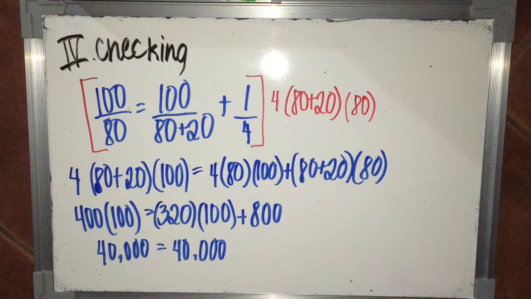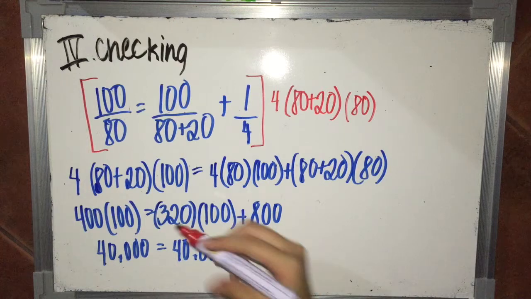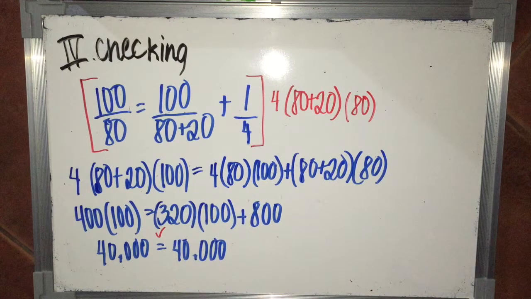Simplify it by multiplying and adding it all up without transposing any number, since this is just to check if the values that you got are correct. Multiply 400 to 100, then multiply 320 to 100, and their product would be 32,000, then add 8000. Both of them are 40,000, so they are equal, meaning this statement is true.